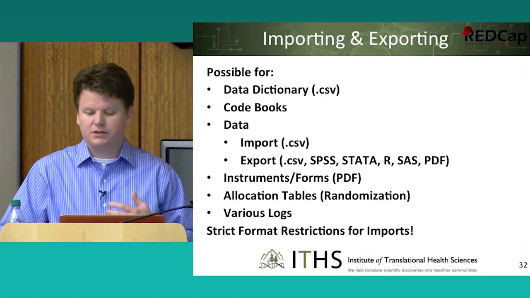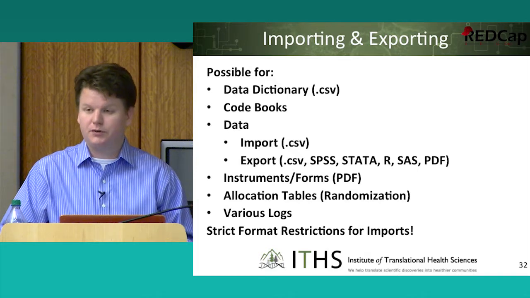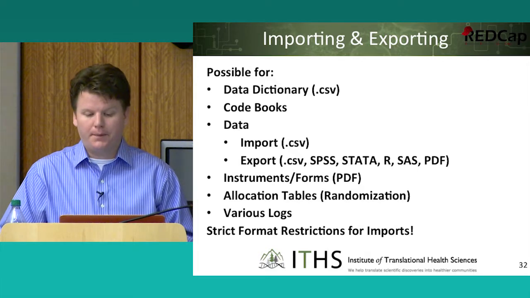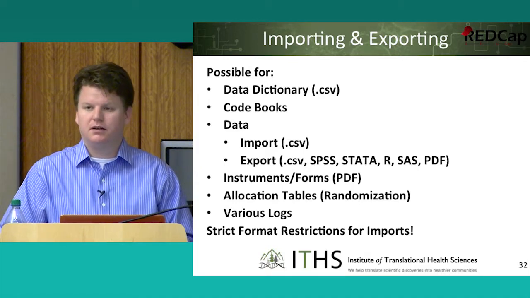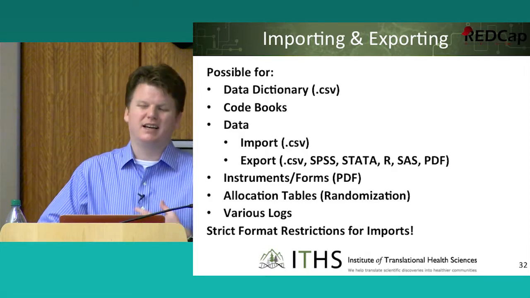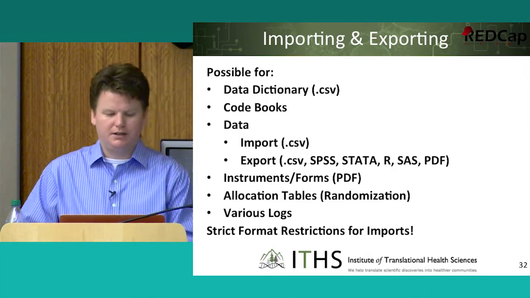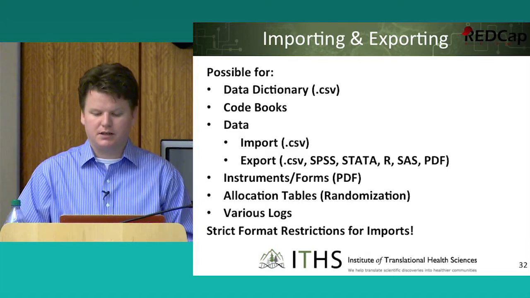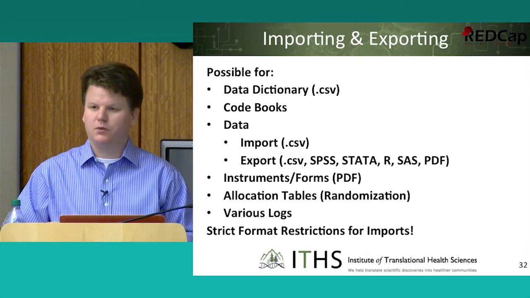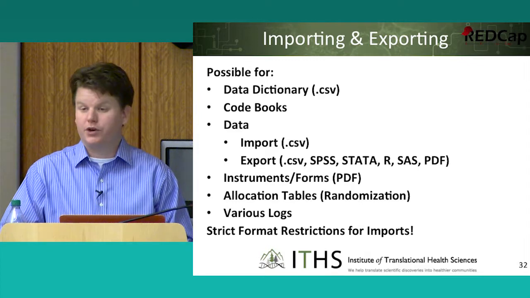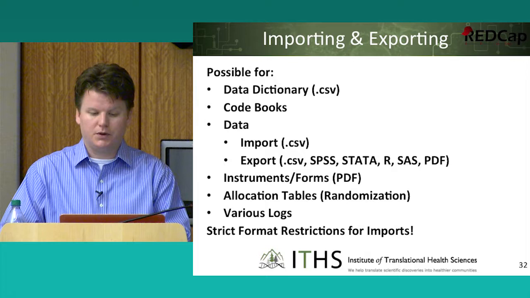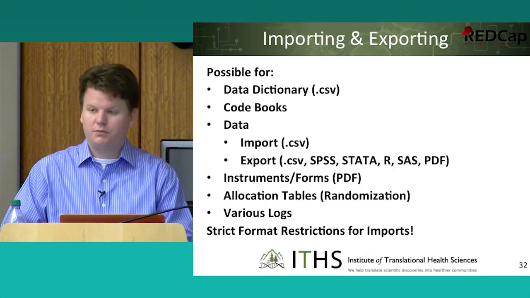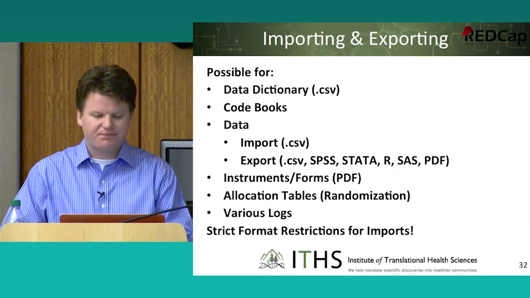A codebook is just a long list, basically, of all your variables within REDCap with field notes, branching logic, options, etc. I've noticed that a lot of people like this better than the data dictionary, because it's a little bit less abstract, a little bit more structured, and more human readable. So if you, for instance, have a PI that wants to see what all the variables are, send in the codebook instead of the data dictionary.